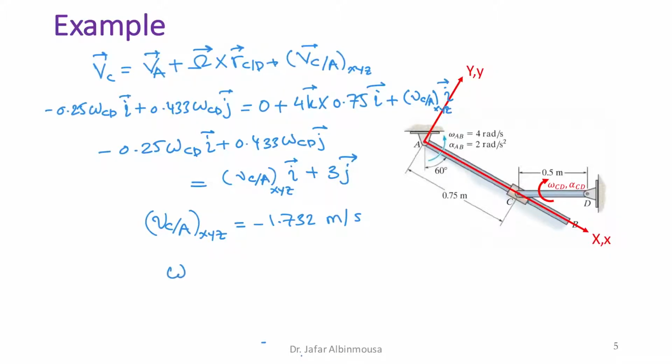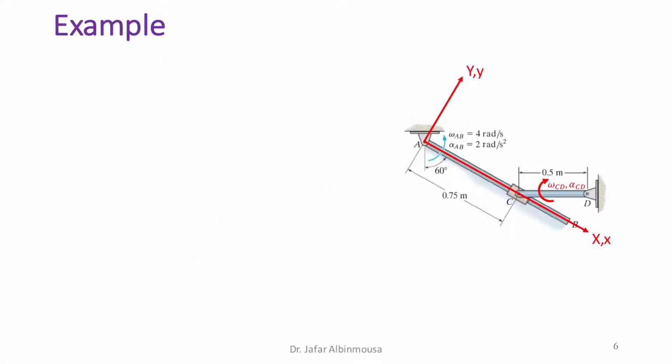And I will get omega CD, which is equal to 6.93 radian per second. Now, similar to what I did with the velocity, I wrote the acceleration of point C using point D and point A. So first we started with the acceleration of C with respect to A, and then we wrote the acceleration of C with respect to D.